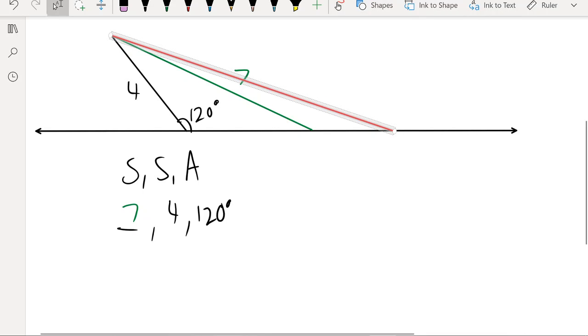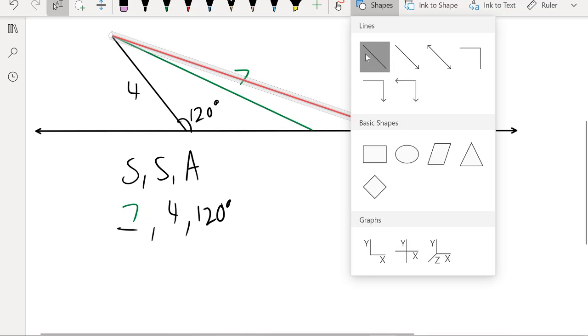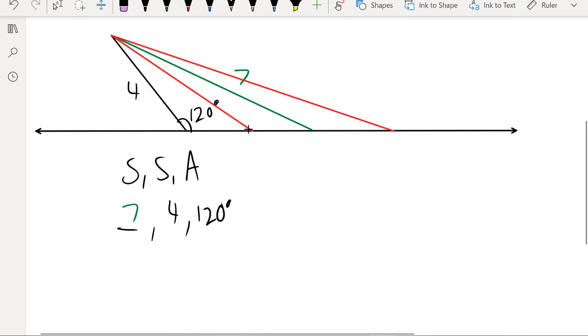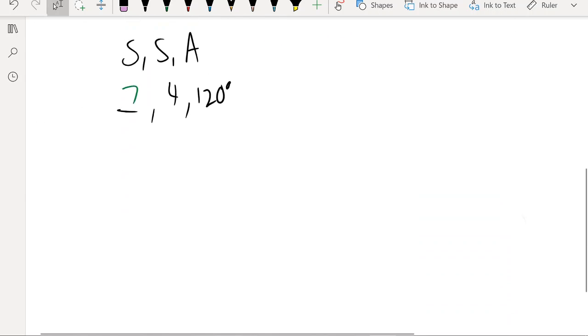And then if I do it again, right? If I go on the other side, over here, it'd be less than 7. And then, of course, if you add a 4, then you run into problems again because you don't get things that connect. So it just doesn't work out. There's no ambiguous case.